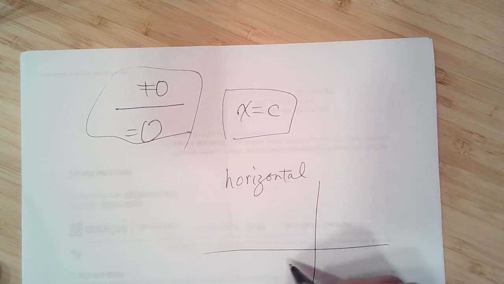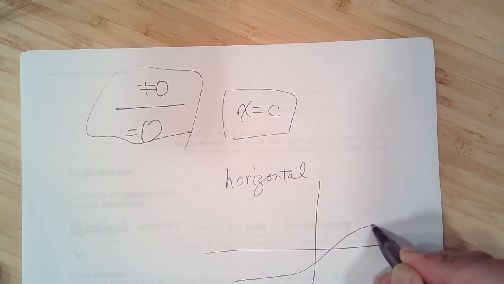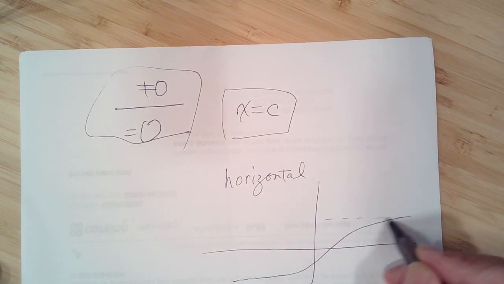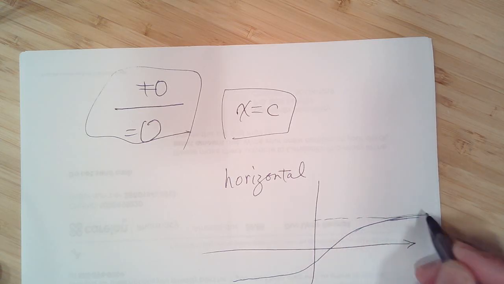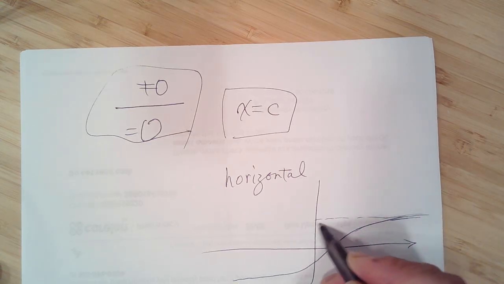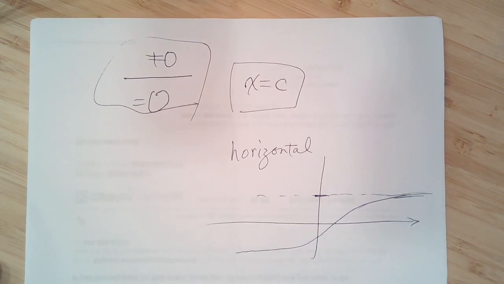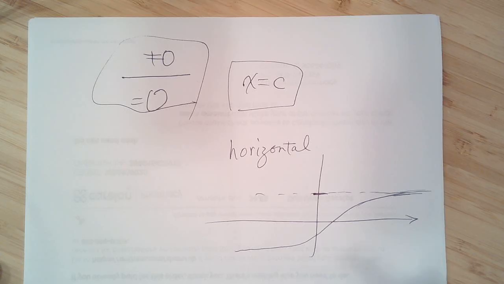That's when something happens that looks like this: x keeps going and y gets very close to that line. This function has a horizontal asymptote. I don't need to talk about that, but when you see the graph, you should be able to recognize it. I think that's about it for the infinite limit and the vertical asymptotes.